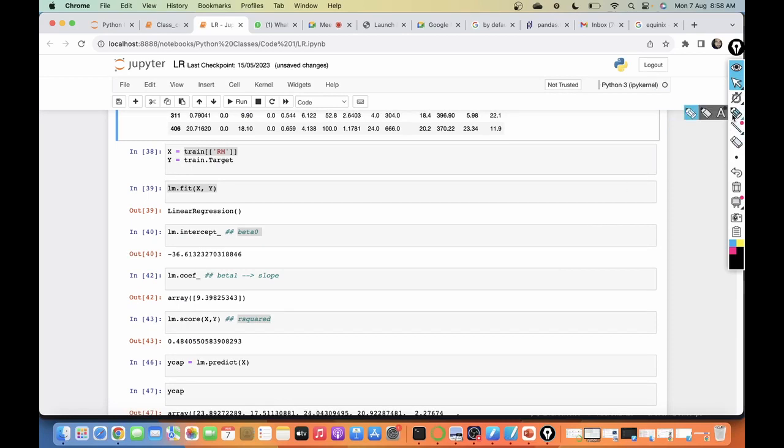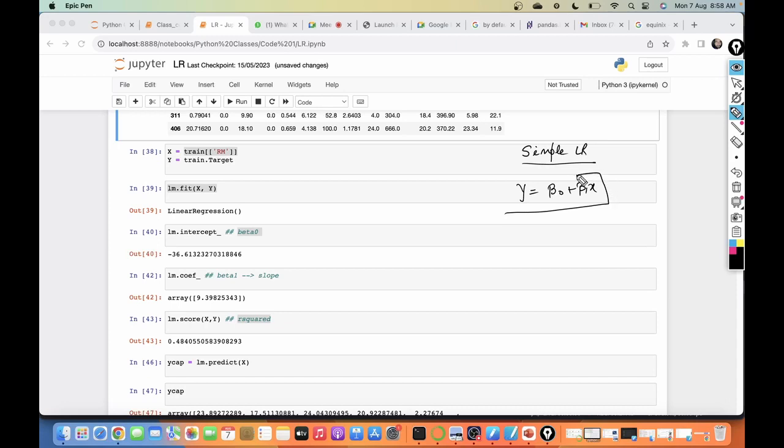Just for an example, what is simple linear regression? When you have one independent variable, y equals beta naught plus beta one x.